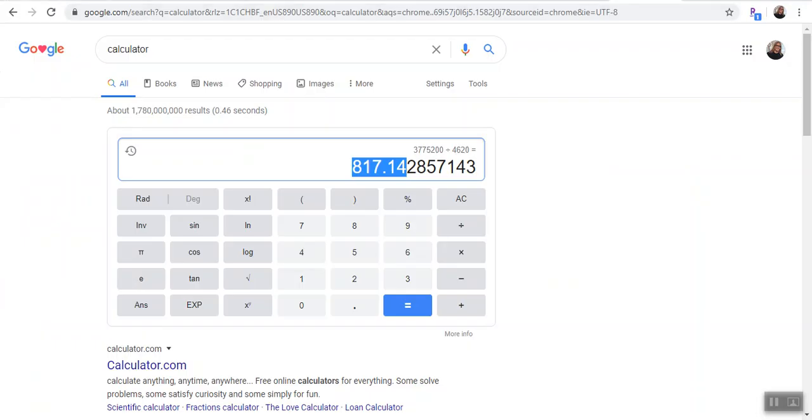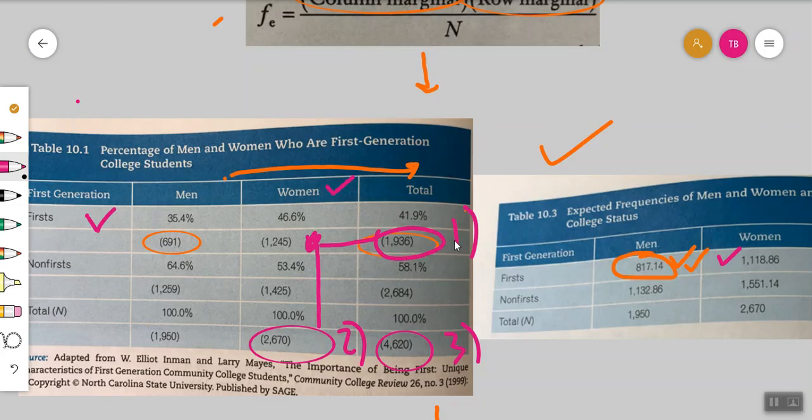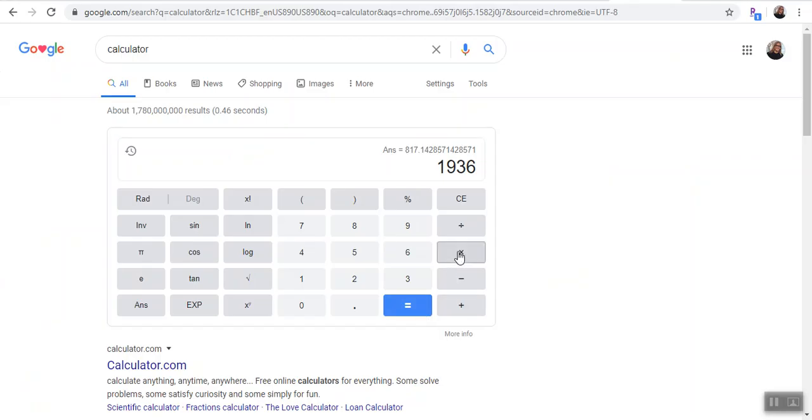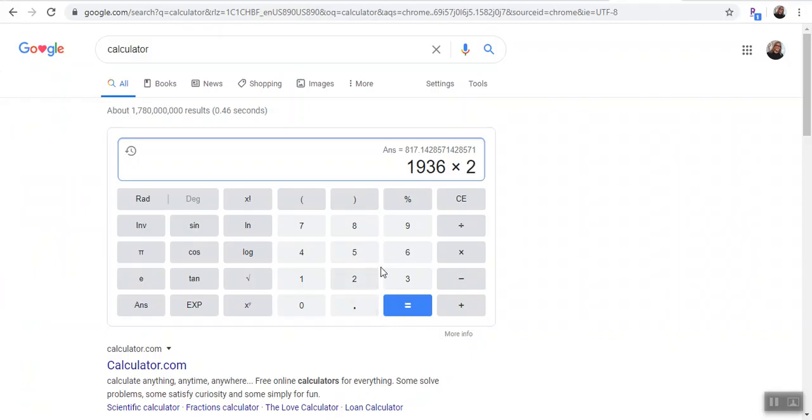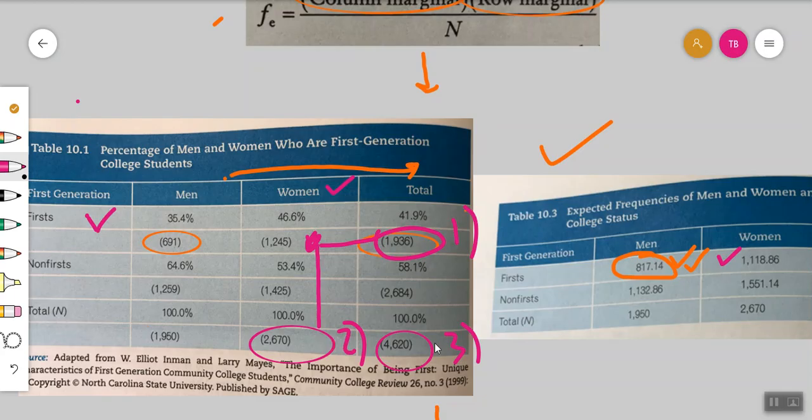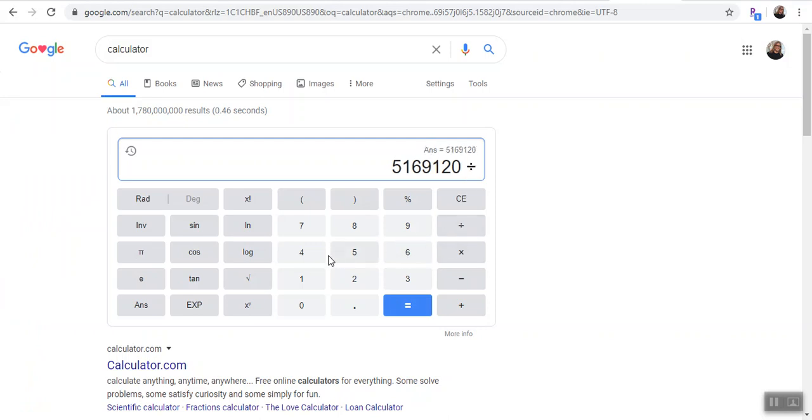So we'll go ahead and go back to our calculator. 1936, which I got right here with the number 1, times 2670. 2670 equals, and we're going to divide it by 4620 down here. 1118.85.